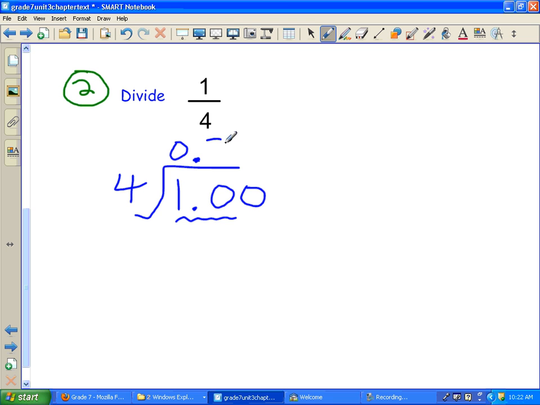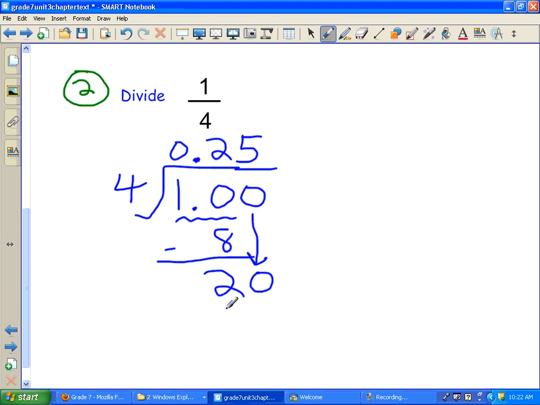4 goes into 10 2 times, so 2 times 4 is 8. Remember, we're ignoring this decimal. We've already got it up here. 10 take away 8 is 2. Bring down some zeros, because you know 4 is not going to go into 2. So 4 goes into 20 5 times, and 5 times 4 is 20, and we've got none left over.